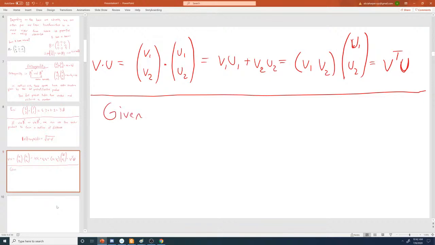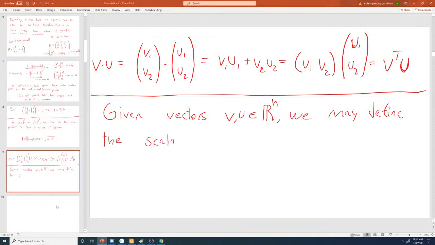Given vectors v and u in Rn, so we're no longer expecting n to be 2 or 3, we may define the scalar product of v and u to be v transpose matrix multiplied with u.